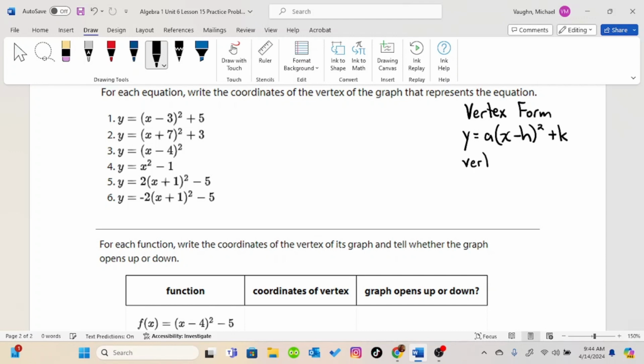And your vertex has the coordinates h, k. So as we look at these, for number 1, the coordinate is going to be 3, 5, minus h plus k.